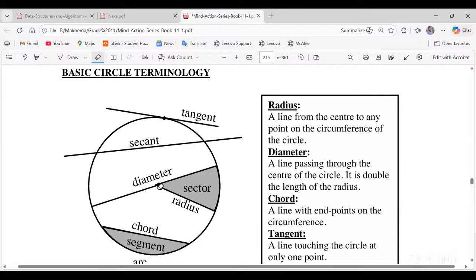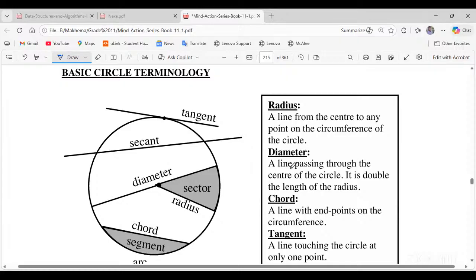If this is the center, then that is the radius. The radius is equal everywhere. This part is equal to that part, and both of those lines are equal to this line here. That is the radius.